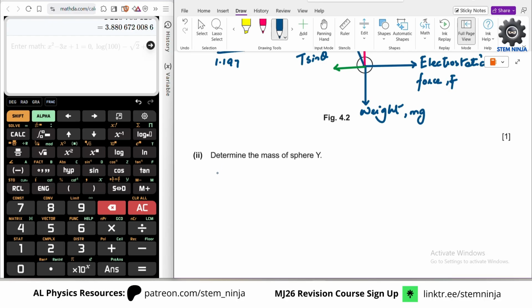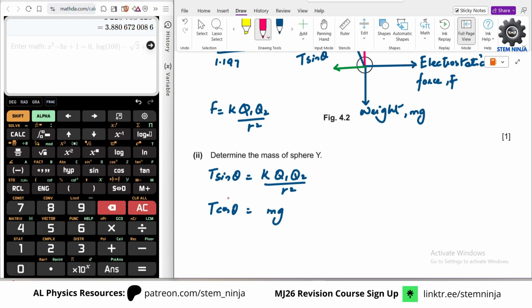Okay, now T sine theta is the electrostatic force, which is K Q1 Q2 over R squared. K is that constant, and T cos theta is equal to mg.